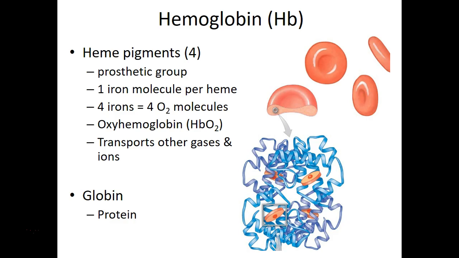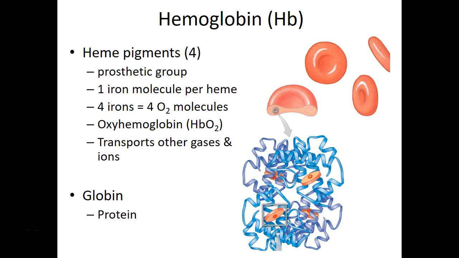Each one of these globins has a heme group in it to help carry out its function. And each one of these heme groups, this kind of reddish circle in the middle, has an iron. So the hemoglobin is actually 4 globins, and each globin molecule binds a heme group, and in each heme group we have an iron atom.